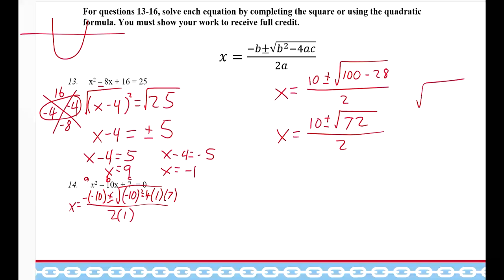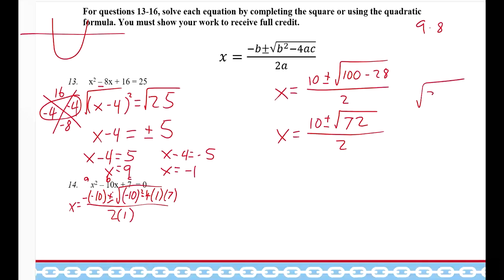So we need to factor that out into a perfect square times another factor. So we're looking for factor pairs of 72, where one of them is a perfect square. And a lot of people go to 9 times 8 because 9 is a perfect square. It's probably the most common thought of factor pairs of 72, other than 1 and 72.